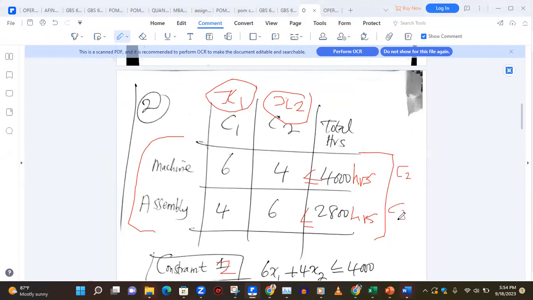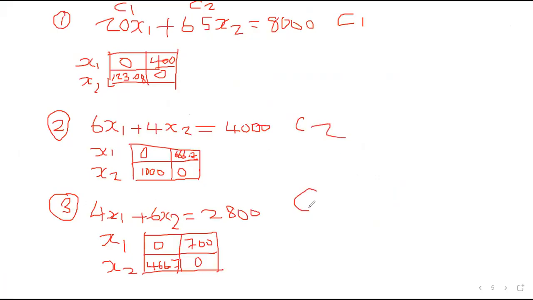All right. And then after getting these constraints, because we are simply saying C1 should be represented by X1, C2 should be represented by X2, and then we have the other constraints. So this is constraint 2, constraint 3.